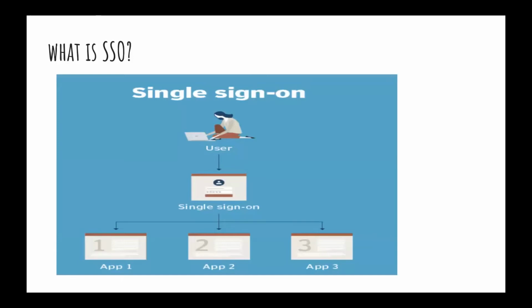Basically, SAML authentication is used for single sign-on, which we also call SSO. Let's understand what SSO is with a simple example. Consider we have our own application, called our app, and inside our app we are using the services of, for example, Jira, ClickUp, and some other applications.